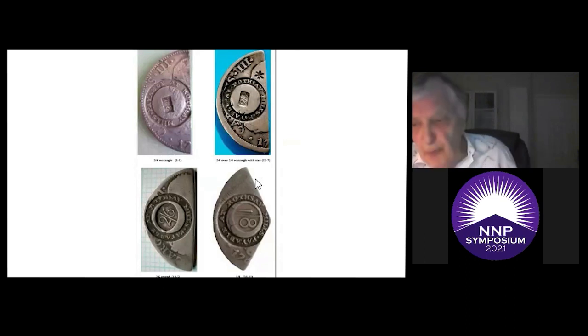As mentioned before, there were 12 pennies in a shilling. So a crown, or 5 shillings, was worth 60 pence. 1/3 of a crown was therefore worth 20 pence, or 1 shilling and 8 pence.